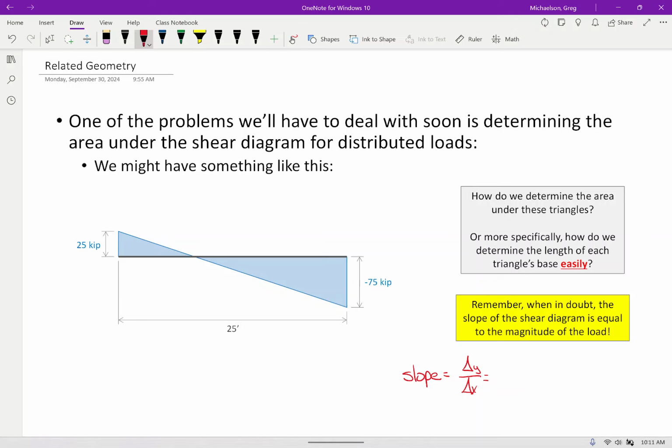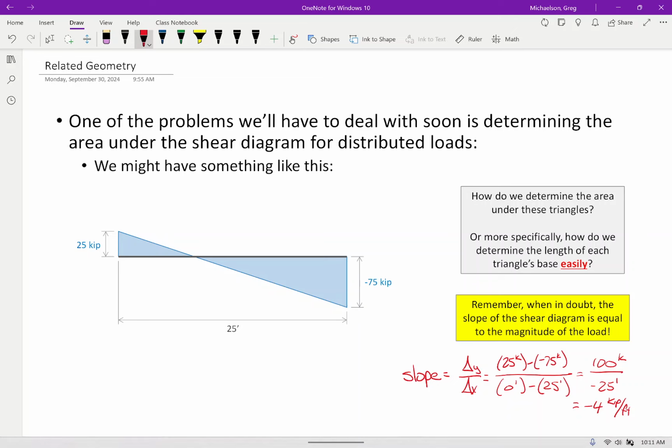Now, how we would do that for this problem is we would say, okay, we go from 25 kips to negative 75 kips, and we do that from 0 feet to 25 feet. And so that's going to be 100 kips over minus 25 feet, or negative 4 kips per foot.